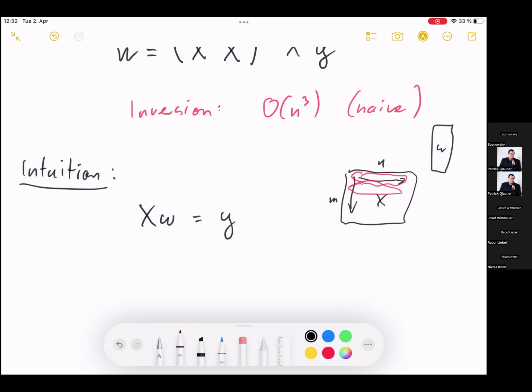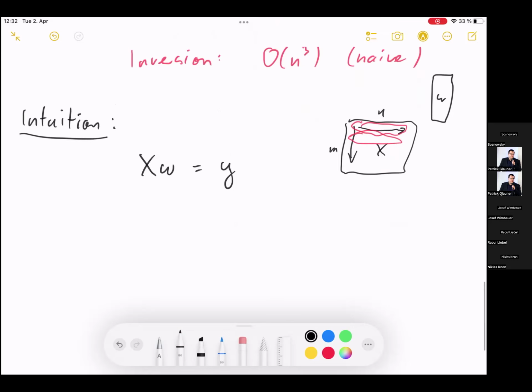When I'm multiplying the first row with this vector, I get one scalar value, which is one label. And if I'm multiplying the matrix row by row with the vector, then I'm getting a label vector.